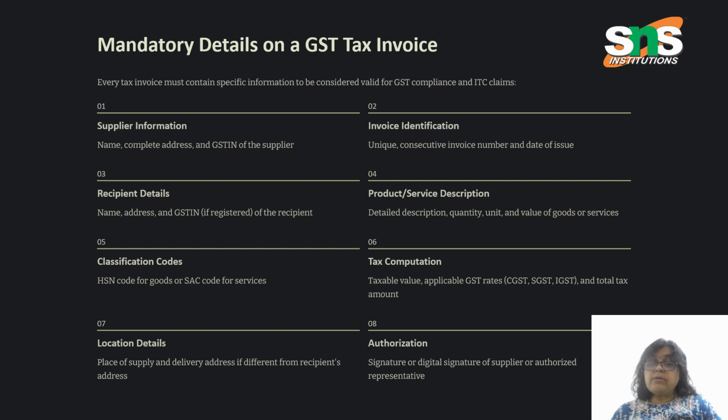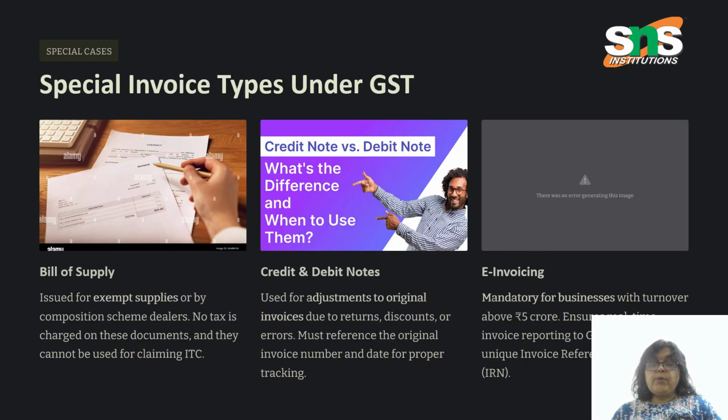The product description should also be given. Any code, if needed, should be mentioned. How the tax is computed should also be given. Location details, and who is authorized to issue the bill, should be properly mentioned there. So every bill should have detailed information on all the transactions in the invoice.